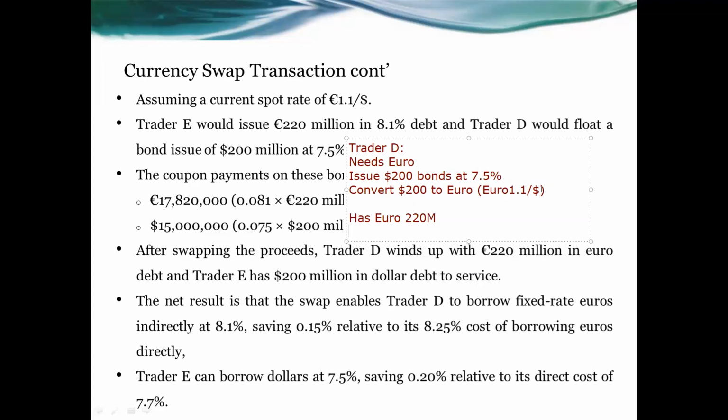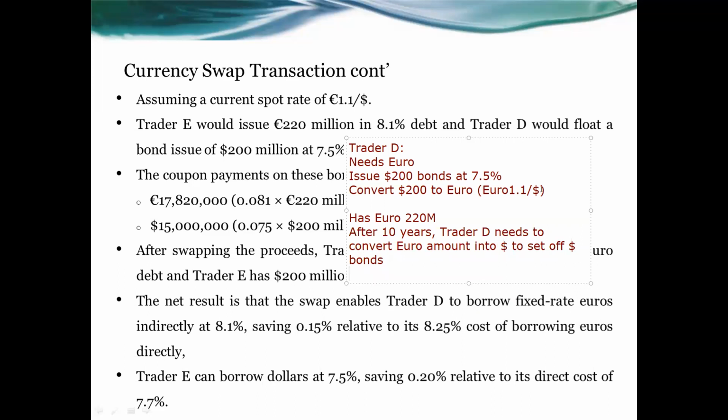He needs to convert that euro amount into dollar to settle the dollar denominated bonds. Isn't it? Then he has to convert euro into dollar again.